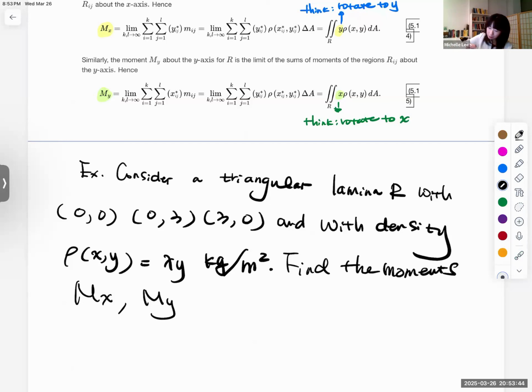So we have m sub x, the moment about the x-axis.